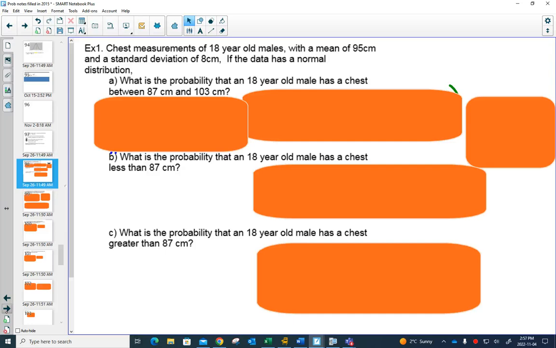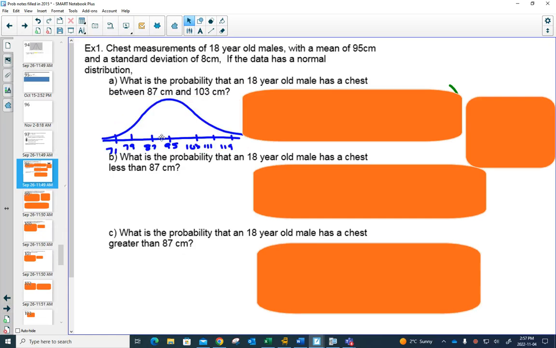If the data has a normal distribution, we can now figure out what are the chances that an 18-year-old male has a chest measurement between 87 and 103. So the first thing I find very useful to do is to draw out a little bell curve, put the mean in the middle, and label 3 standard deviations above and 3 standard deviations below.